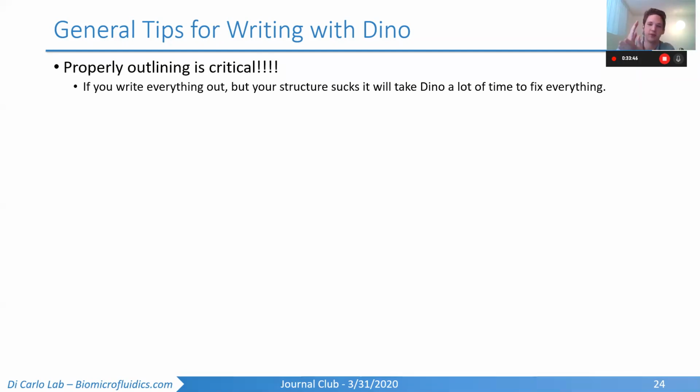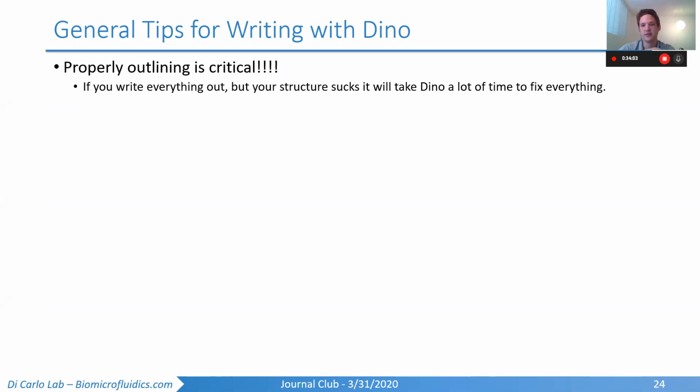Whereas if you spend the time to do multiple outlines and make sure you have a good structure early on, this can save you a lot of the revision process. You'll also get more feedback faster.